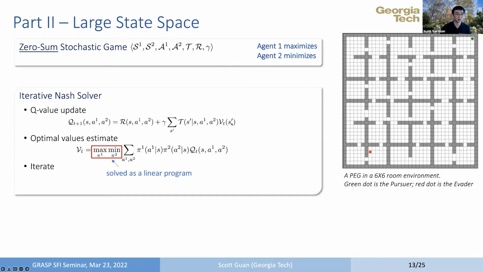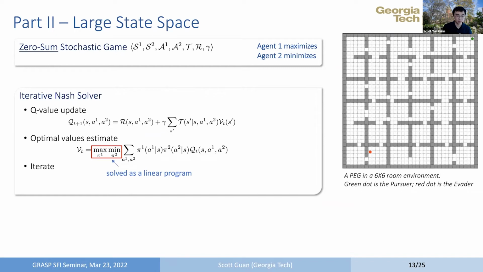The key step here is the Q value update. It's essentially just solving a matrix game here. And this max-min game can be easily solved or cast as a linear program. And we can easily solve this kind of matrix game.